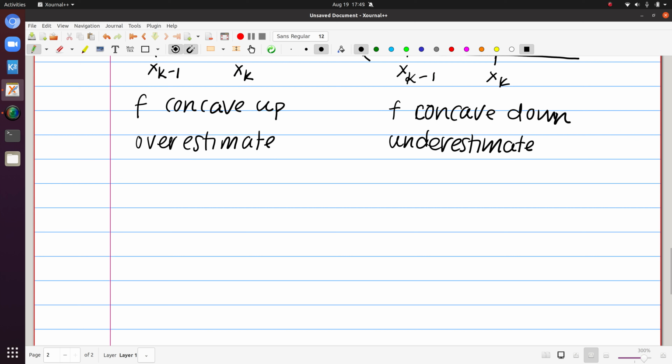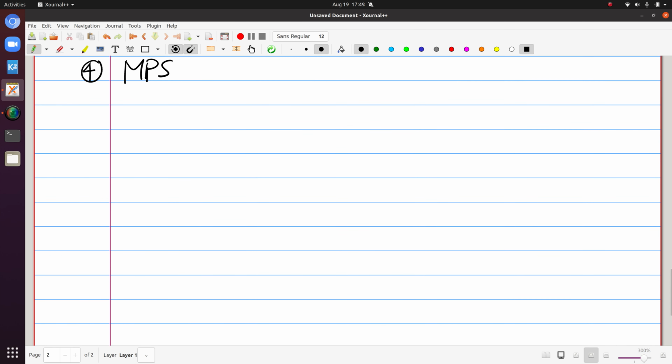And so the final named Riemann sum we looked at was the midpoint sum. And like I said, this one's a little bit harder to visualize, and it turns out that the more concave I draw a function, the more easily we'll be able to see over versus under. So just like the last one, it doesn't matter if it's increasing or decreasing. Just arbitrarily, I'm going to draw increasing functions.